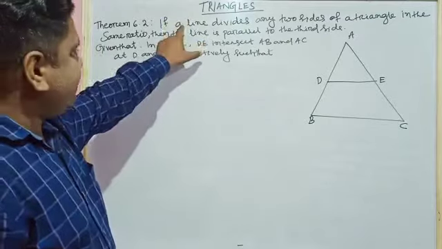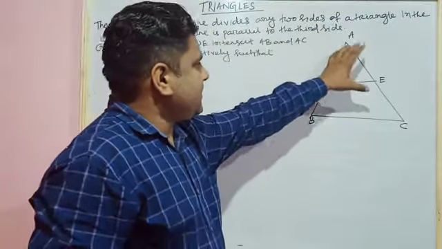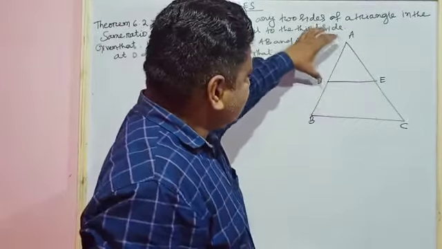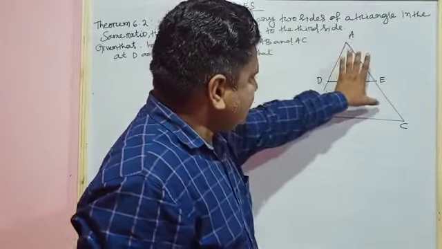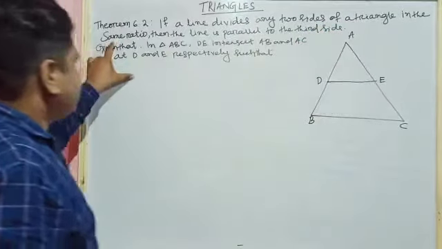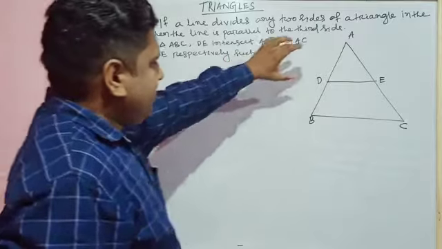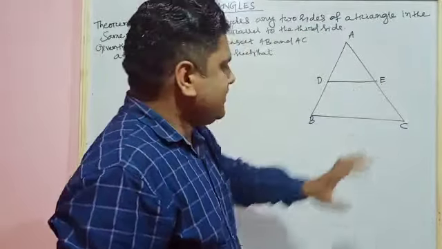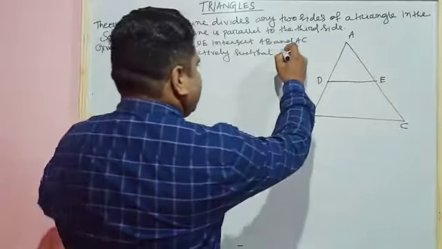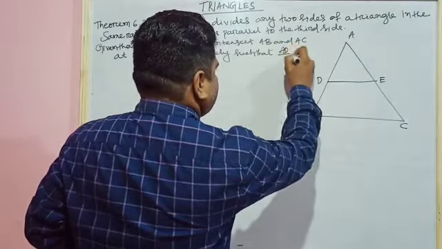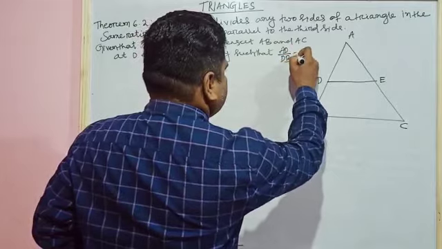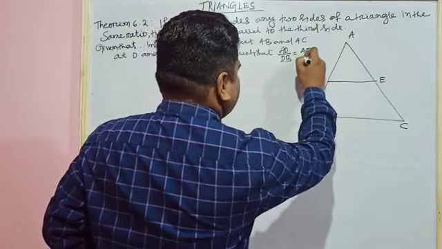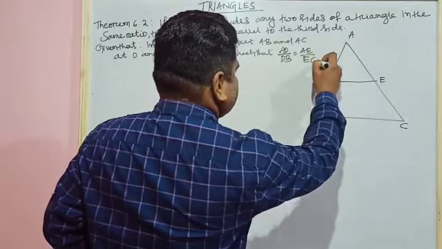See the statement: if a line divides any two sides of a triangle, means DE divides the sides AB and AC in the same ratio, means AD by DB and AE by EC are equal. It means such that AD by DB is equal to AE by EC.